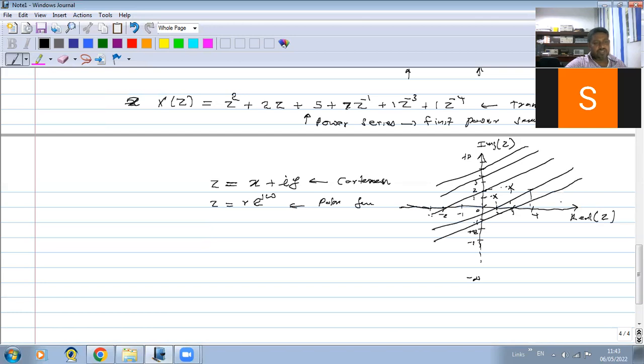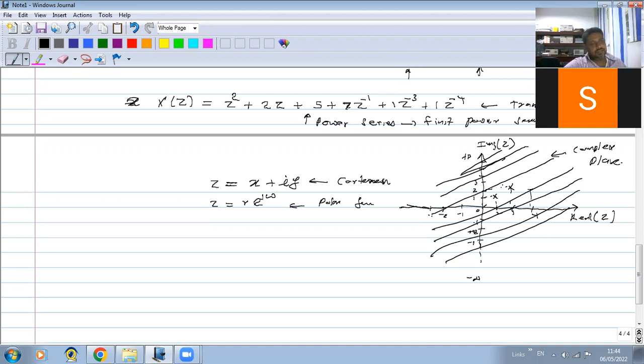All of this area is relevant to z; z can be any value within this area. Did you get it? We call this the complex plane. Can you remember that? This is a complex plane.